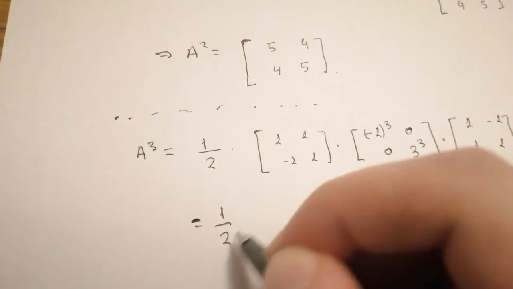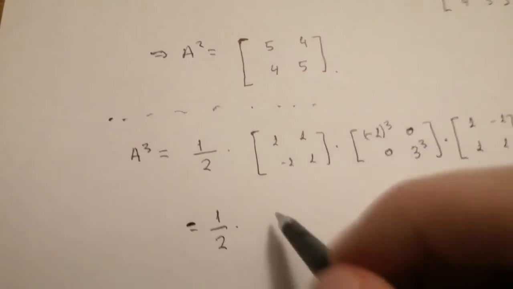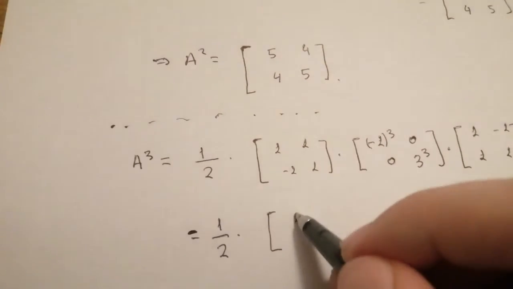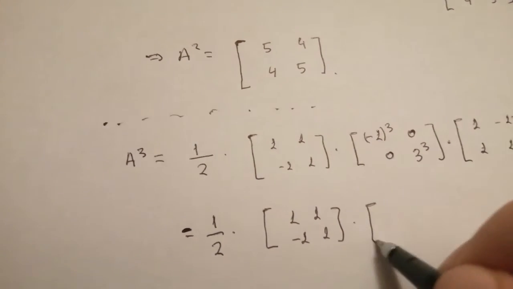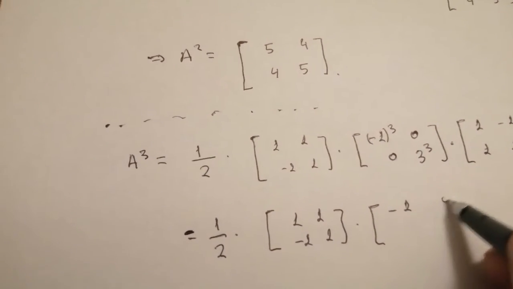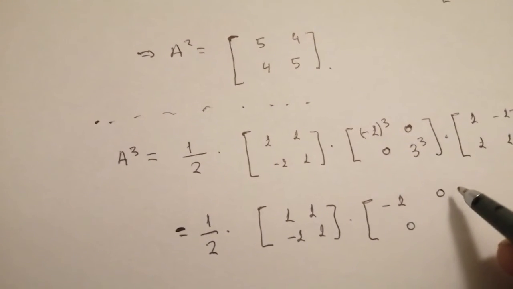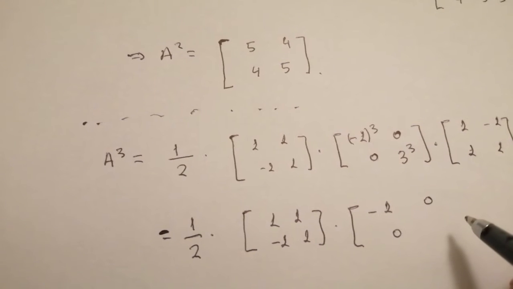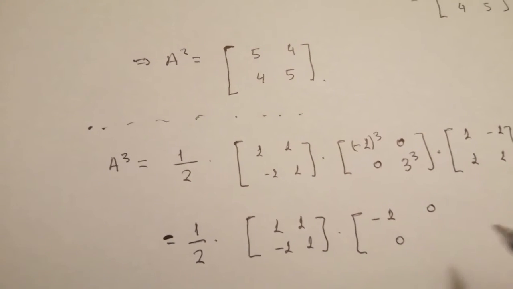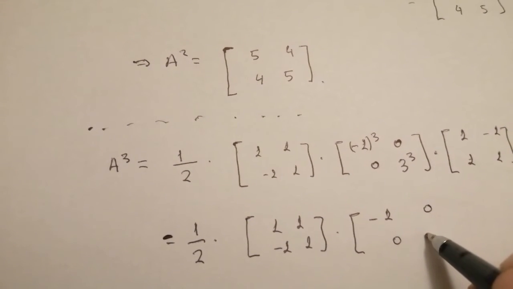So this is 1 over 2, [1, 1; minus 1, 1] times [minus 1, 0; 0, 27], since 3 to the power of 3 is 3 times 3, 9, times 3, 27.